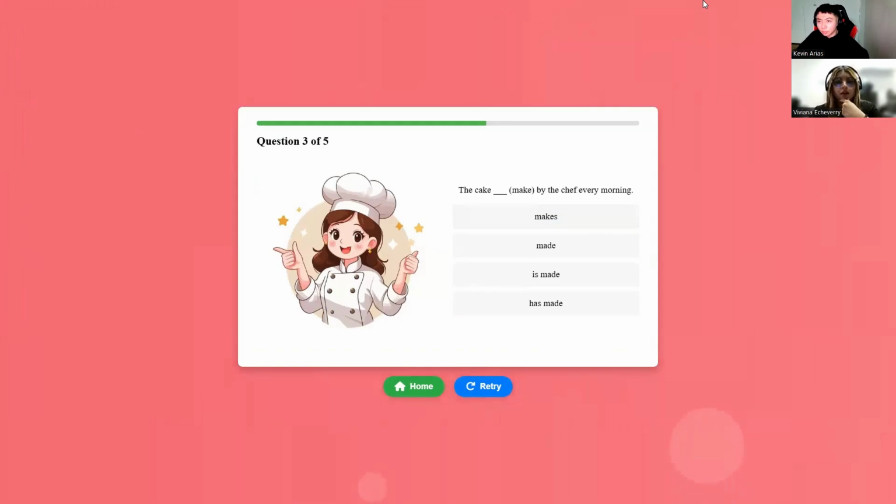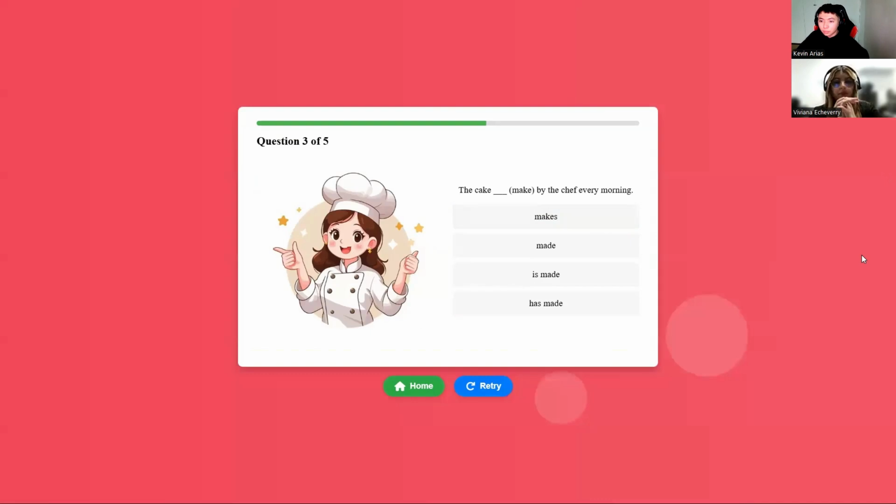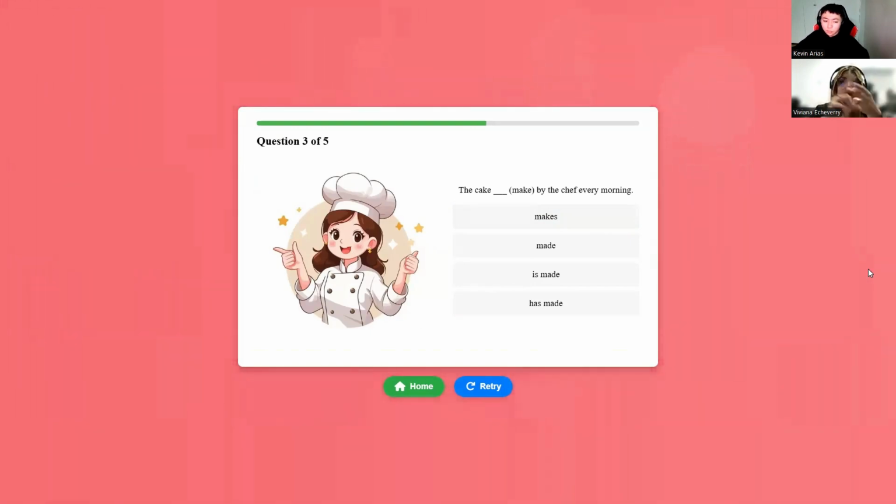Perfect. Okay. Our third question says: the cake make, as a verb, by the chef every morning. So in the present simple passive, is plus past participle. The sentence indicates a habitual action that is done every morning. So is made is the correct option.